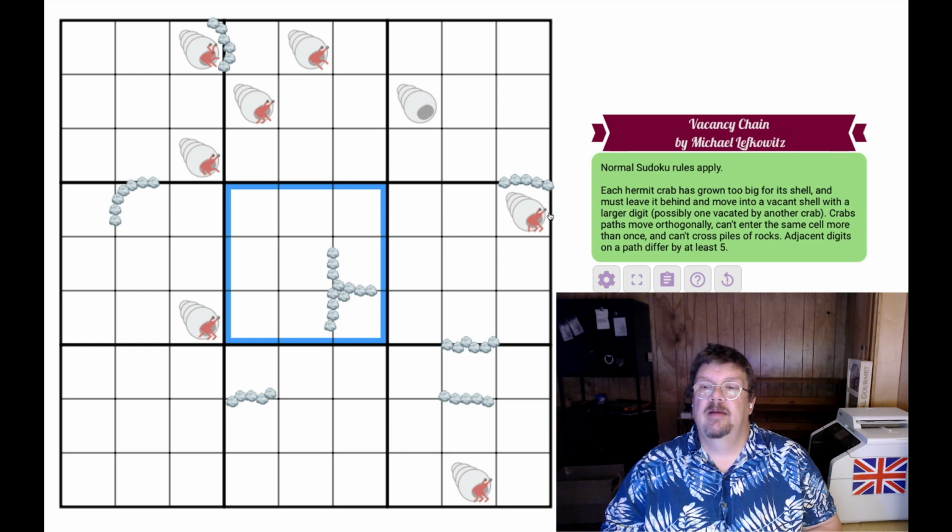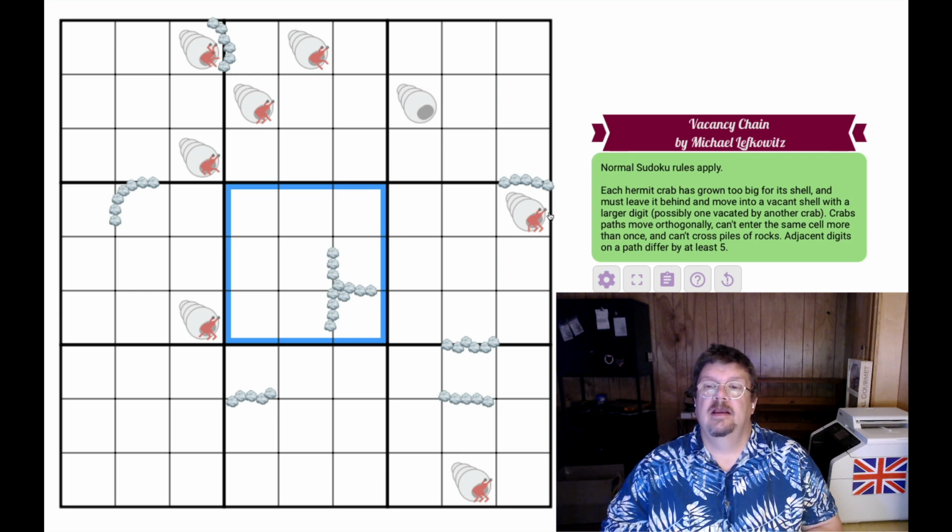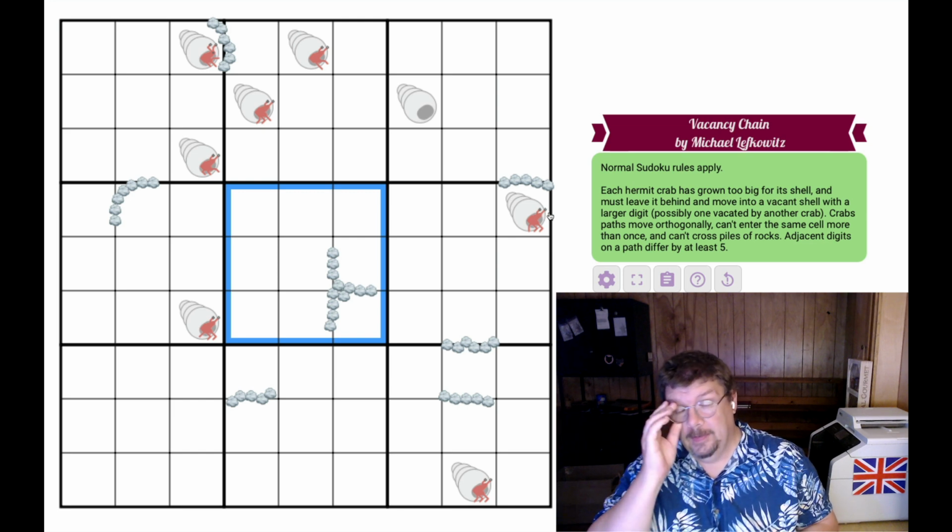Each hermit crab has grown too big for its shell and must leave it behind and move to a vacant shell with a larger digit, possibly one vacated by another crab. Crab paths move orthogonally, can't enter the same cell more than once, and can't cross piles of rocks. Adjacent digits on a path differ by at least 5.